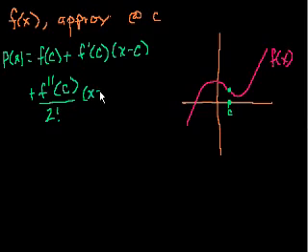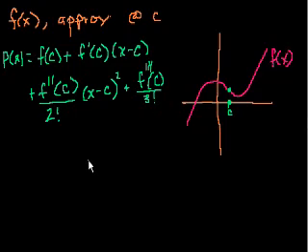times x minus c squared plus, I'm already running out of space, the third derivative. I think at this point people just write a 3 in parentheses of the function evaluated at c over 3 factorial times x minus c to the third.